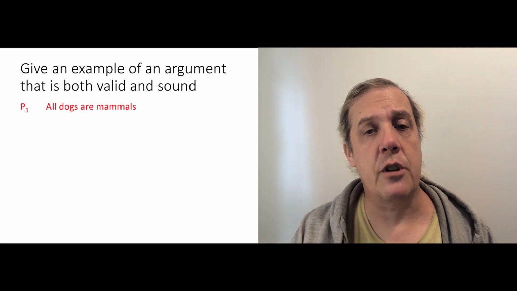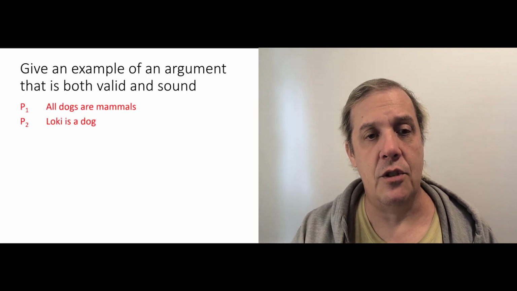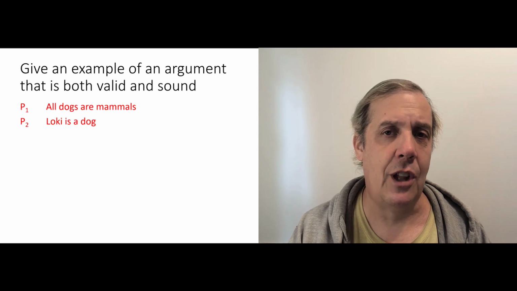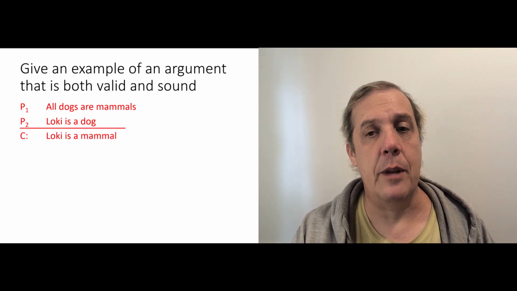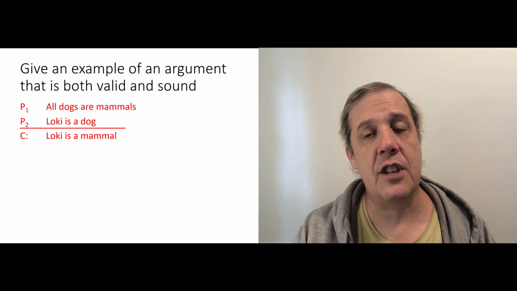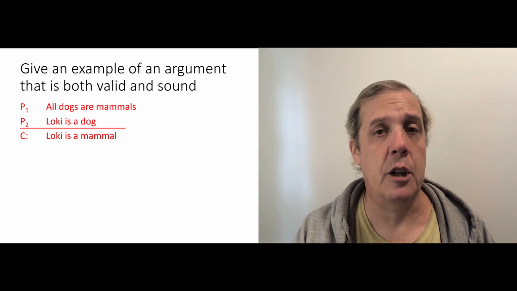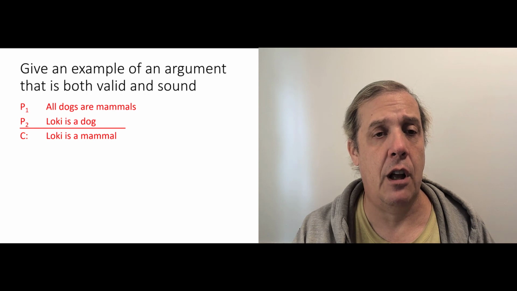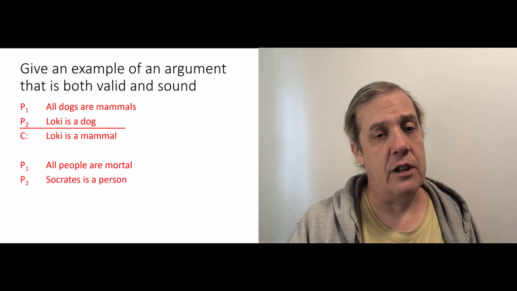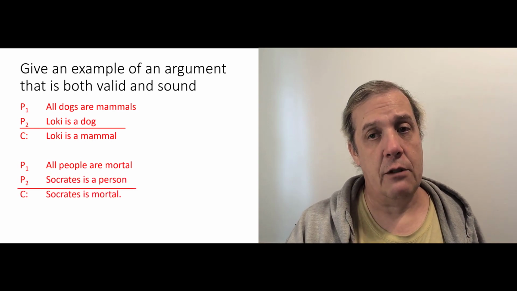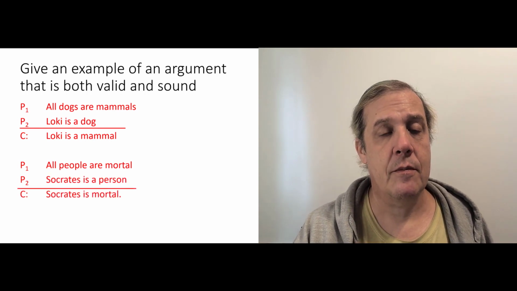So all dogs are mammals. Loki is a dog. This was an example that came up in class. Someone gave their dog. Therefore, Loki is a mammal. And this has the exact same form of the standard argument that we've been using as an example of an argument that is both valid and sound: all people are mortal, Socrates is a person, therefore Socrates is mortal.